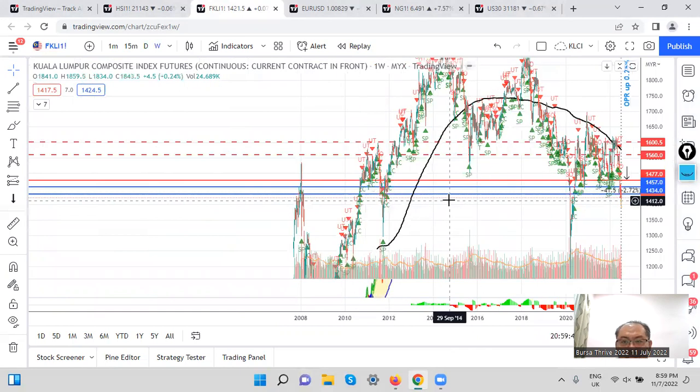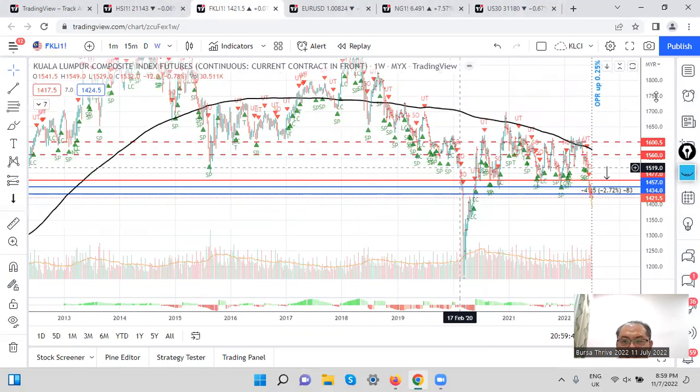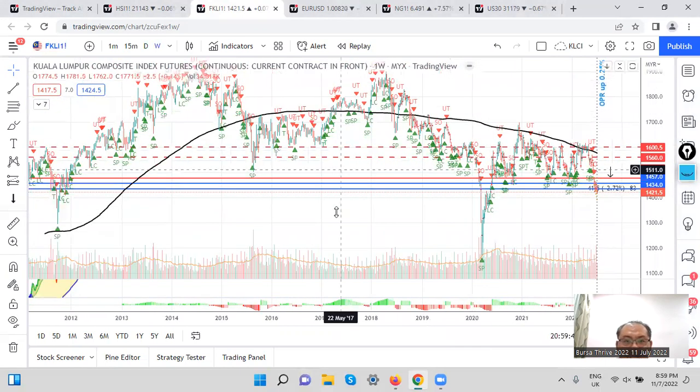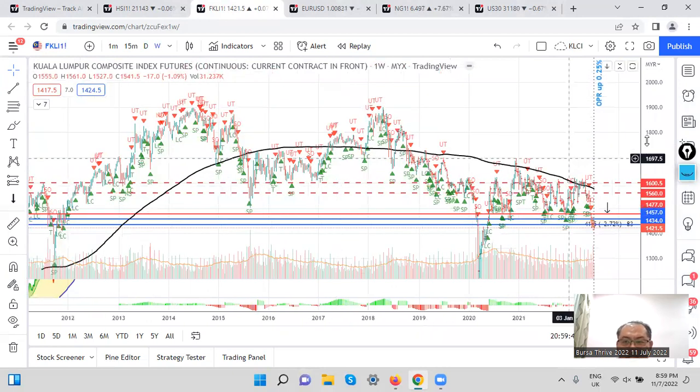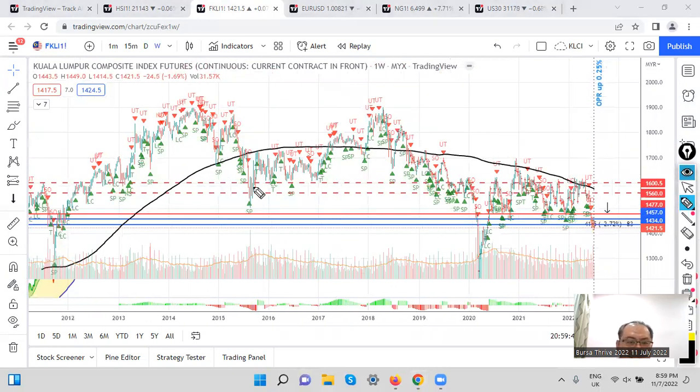The weekly chart is better. When you look at the weekly chart, after the peak before the election of 2018, when we came to this top, we never had a chance to go back near it.